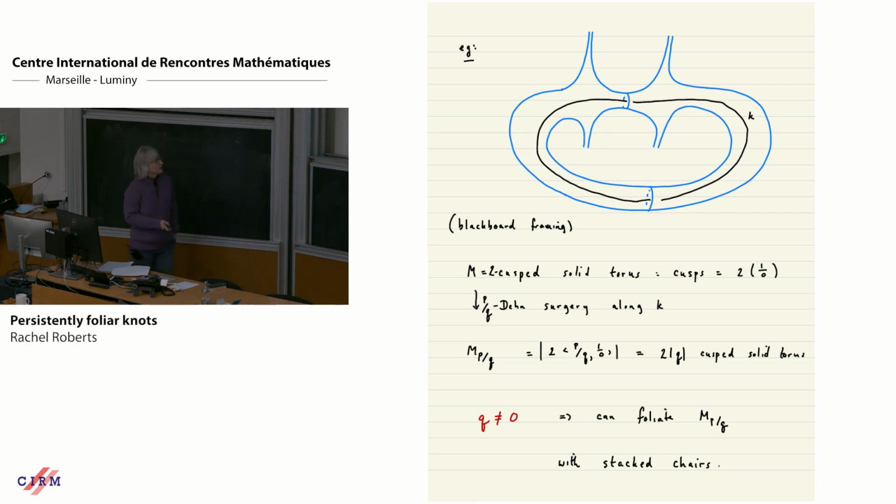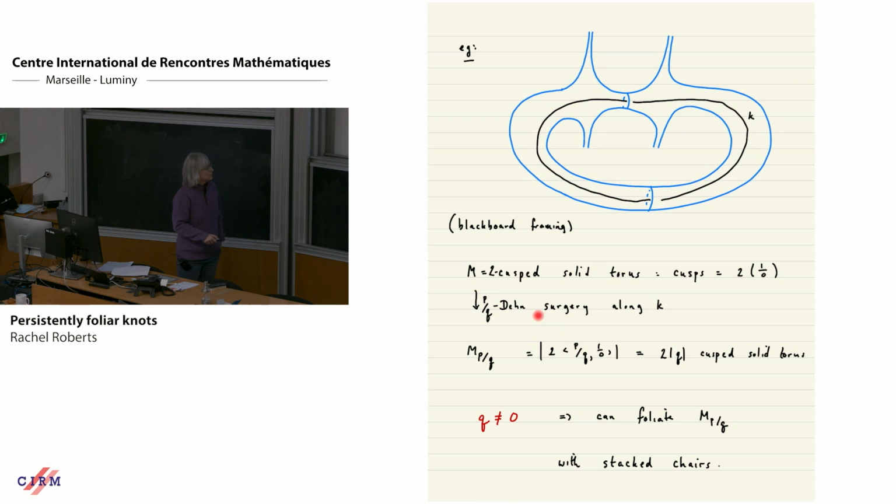So I'm going to think about giving this blue torus the blackboard framing. So those cusps are at slope 1/0. If I'd been drawing these purple annuli again, I would have had two purple annuli cutting off those ends. And so if I do p/q surgery, I'm going to get a solid torus back.